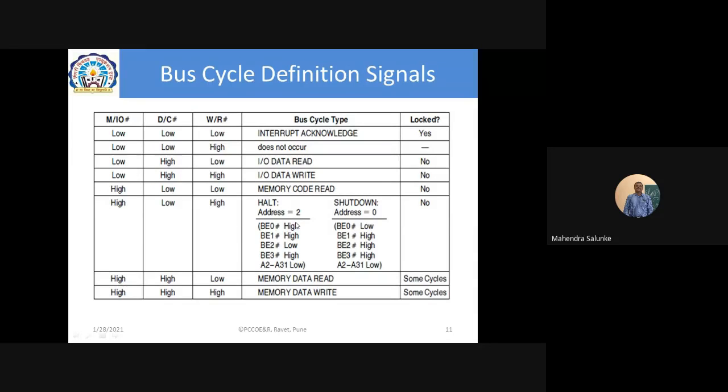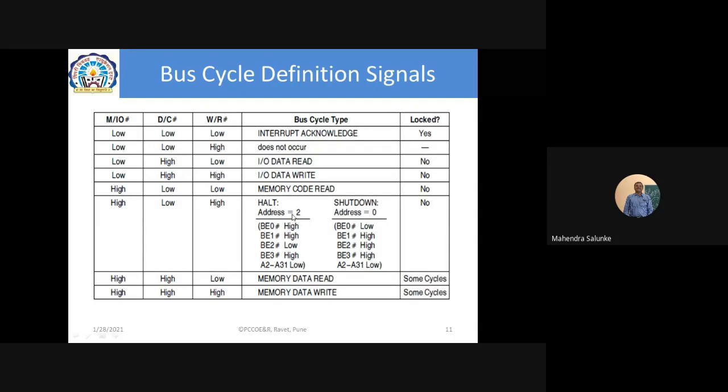Now there are two options with this particular type of cycle. To perform this halt cycle, your processor will make M/IO bar high, D/C bar low, W/R bar high, and in addition to this, it also sends an address. The address will be 2.